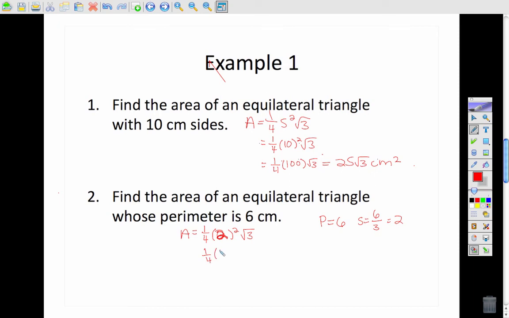So I have 1/4 times 4, and that gives me just the square root of 3. Again, we're in centimeters, so our units are square centimeters. So that is the triangle.